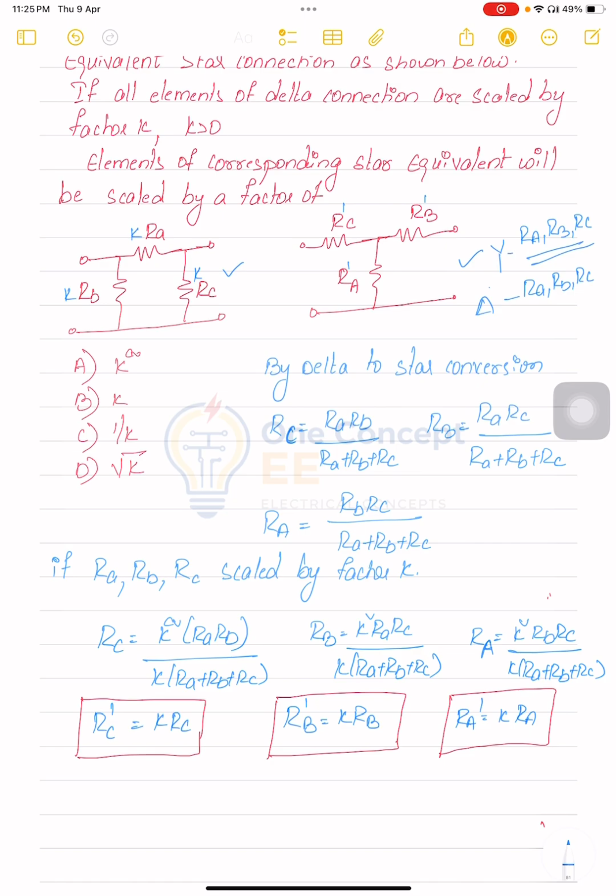This is the delta connection. This is the star connection. For delta to star conversion, RC equals RA into RB by RA plus RB plus RC. Similarly, I have given the formulas here.